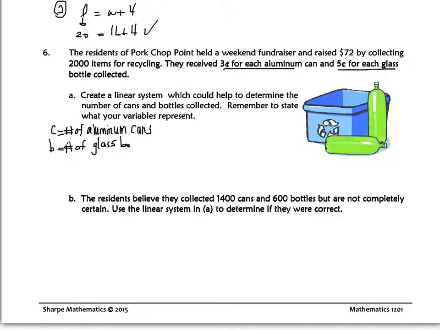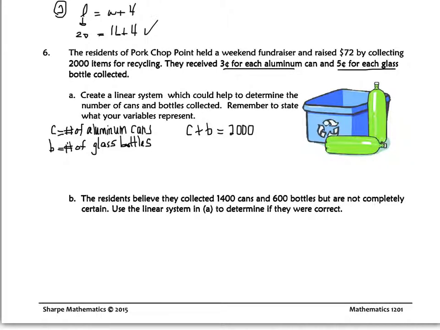You could use X and Y if you wanted to, or you could use A for aluminum and G for glass, but I usually try to choose variables that I'll remember, that C stands for can, B stands for bottle. If you look at the information they've given you, you know that they collected 2,000 items. So one equation would be that C plus B is 2,000.